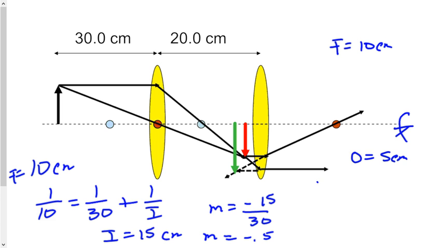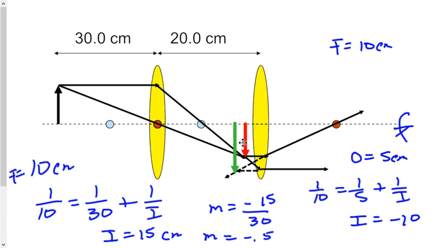So let's do our equation. 1 over 10, because our focal length is still 10, equals 1 over 5 plus 1 over image. And the image this time turns out to be negative 10. Remember, it's a negative 10 because this green arrow is on the same side as our object.